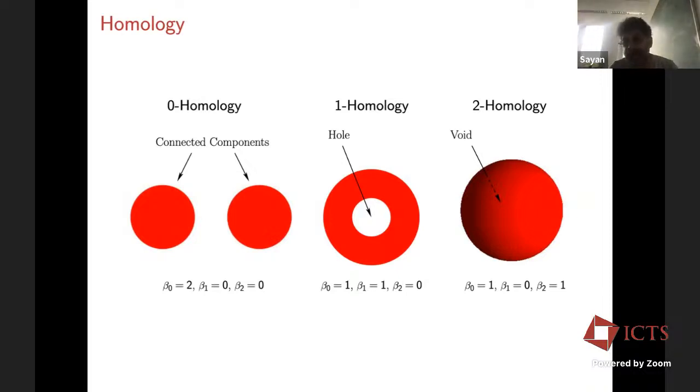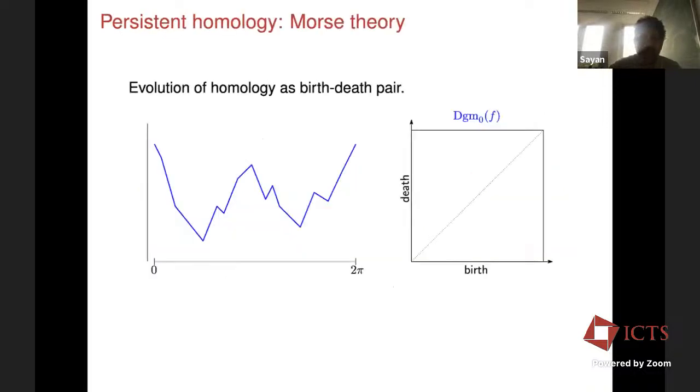For one homology, if you look at this, Betti 0 is 1, because there's one connected component. There's one cycle, one hole, and there's no void. And up to 2D, in this case, again, Betti 0 is 1 because there's one connected component. There's no one-cycle, but there is a void. I cannot show pictures of higher dimensions.